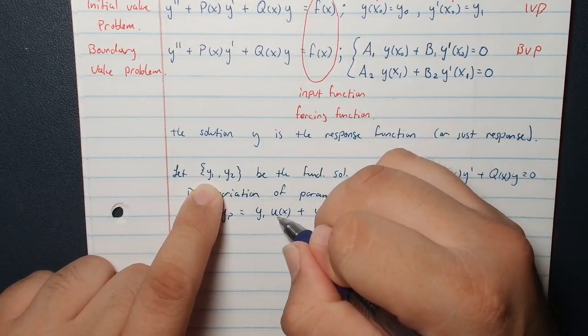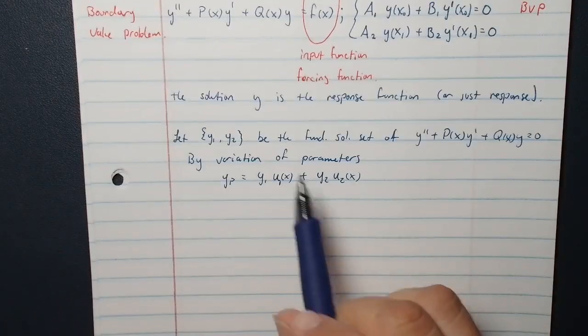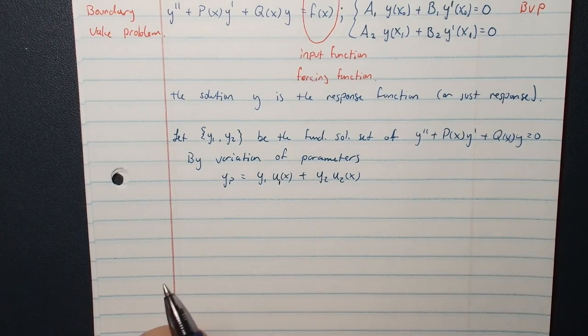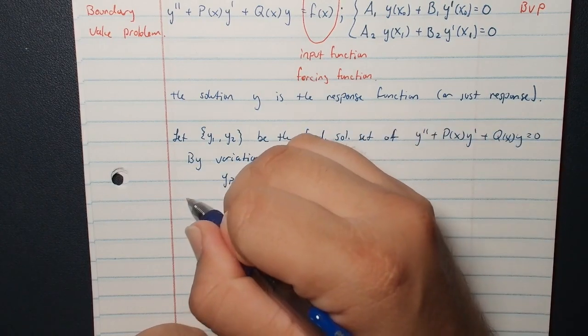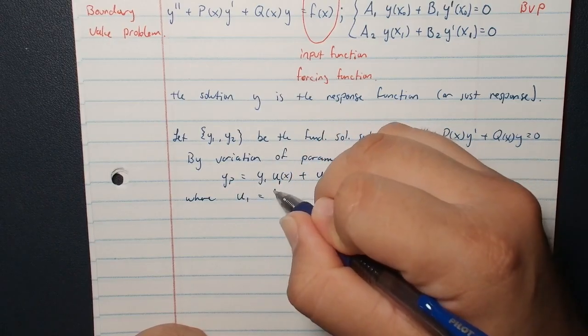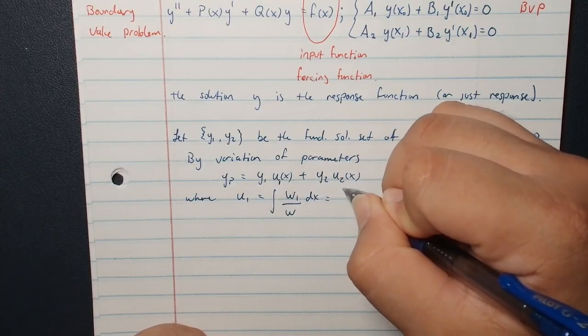I have two different u's, so I'll call this one u1 and this one u2 of x. This is just by variation of parameters. We can find u1 and u2 by using our Wronskian, our w1 and our w2, where u1 is equal to the integral of w1 over w dx.